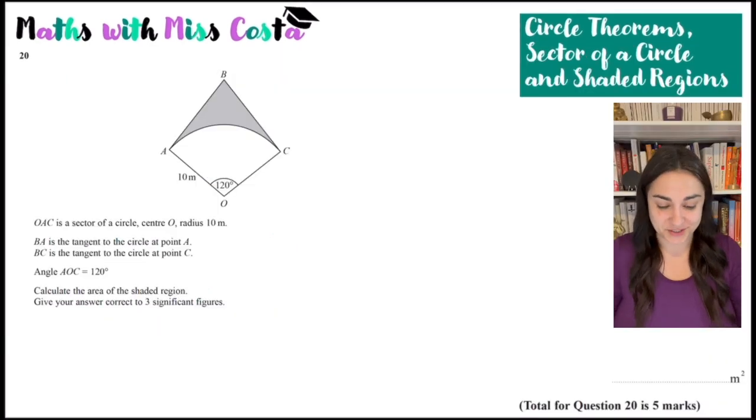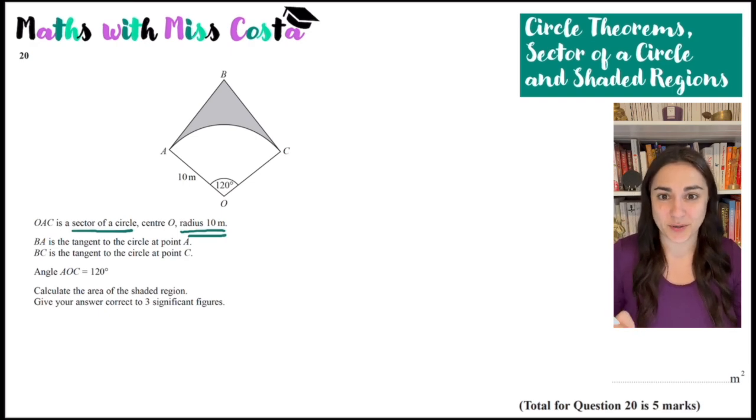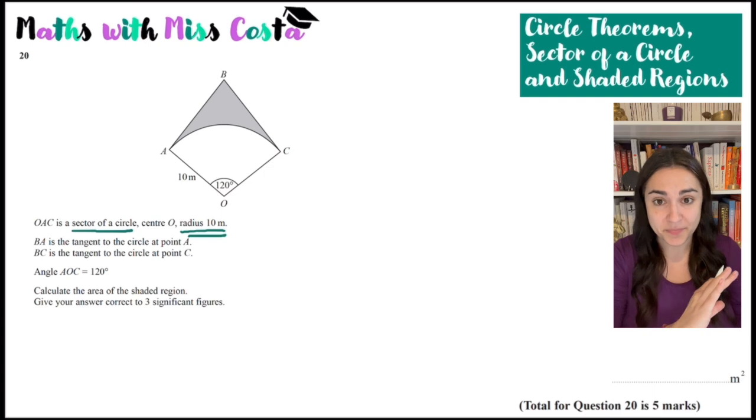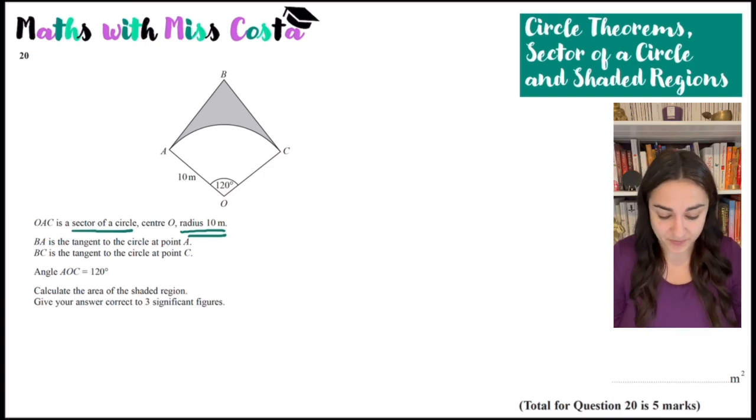Okay, so in this question, I am being told that OAC is a sector of a circle, center O, radius 10 meters. Now with questions like this, it's super important to read the question and then just try and identify as much as you can from the diagram. So I know this is a radius. I know this is a sector of a circle because I've been told that.